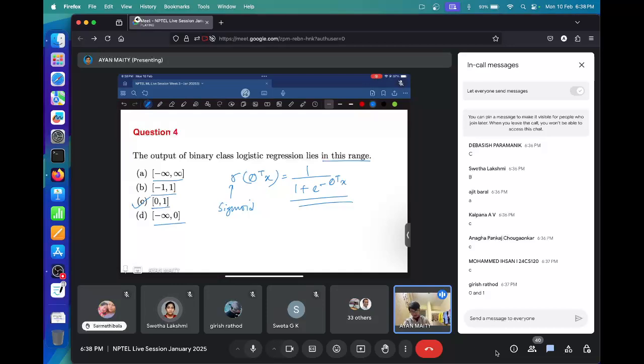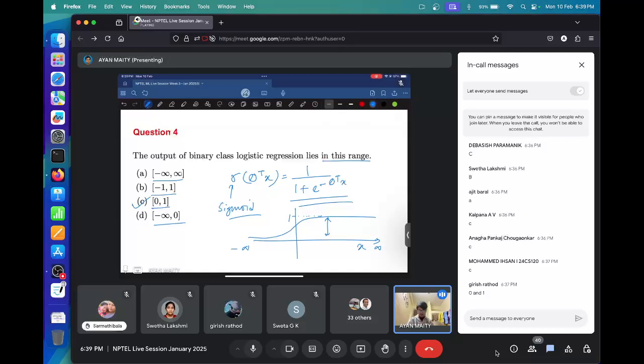It returns a probability. If you plot this sigmoid function, this is 1, and the input ranges from minus infinity to infinity. These are the x values, and the output of the sigmoid ranges from 0 to 1.